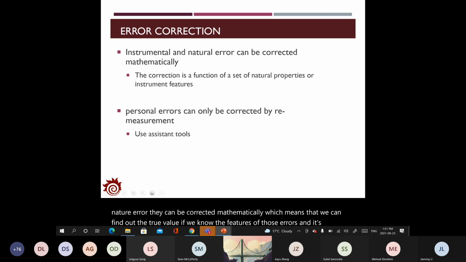This kind of correction is related to natural properties, such as the temperature, tension, or the weight of the tape. And if it's the error of the instrument itself, we need to do the calibration of the tape and then find out what the errors in your tape are. And once you finish your measurement, you can do the correction based on that.